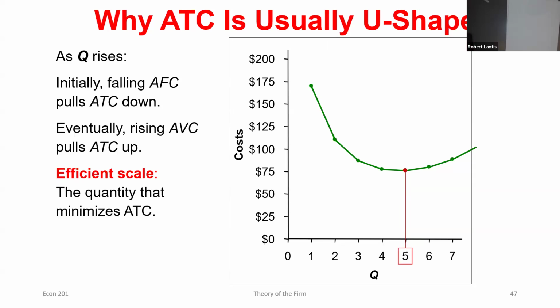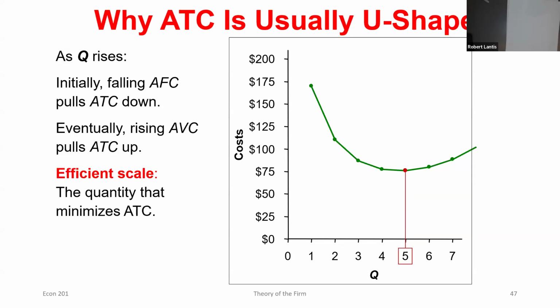If my fixed costs are always the same, as I produce more units, I'm taking that same building lease amount that I have to pay and spreading it out across more units. So my average fixed costs are always going to be decreasing. What's part of my average total? It's average variable plus average fixed. So the fact that my average fixed costs are decreasing, and gains from specialization, is what's initially driving my average total cost down.